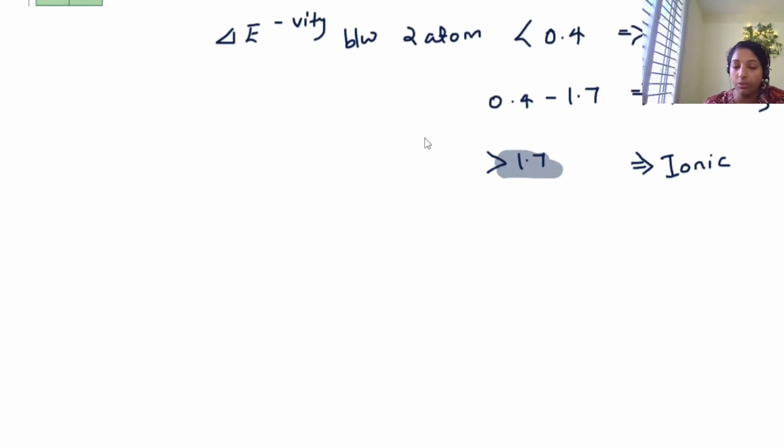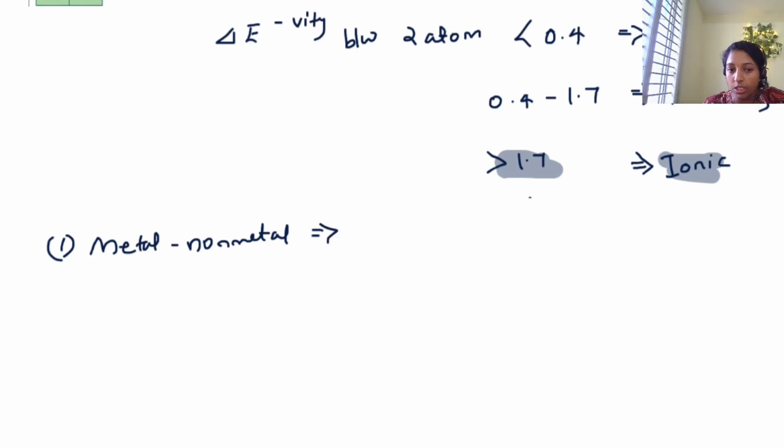This difference will be large whenever there is a metal and a non-metal. Whenever the two elements are a metal and a non-metal, their electronegativity difference will definitely be greater than 1.7, so you can say ionic, without thinking about the values.